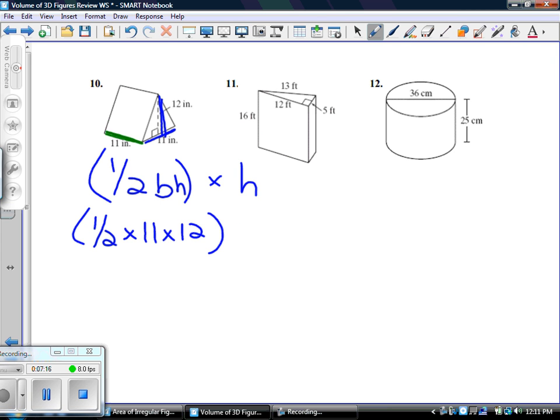And so that is 11. The heights can be equal, the height of the entire figure and the base, but it doesn't have to be. That would be sheer coincidence. And so if you were to actually do this calculation, the answer would be 726 inches.